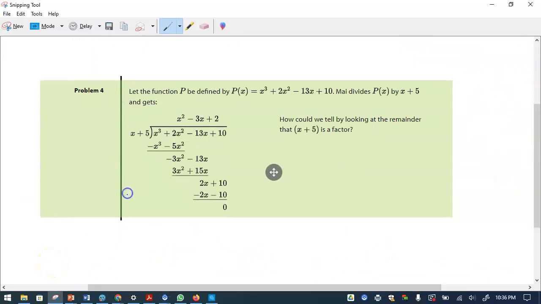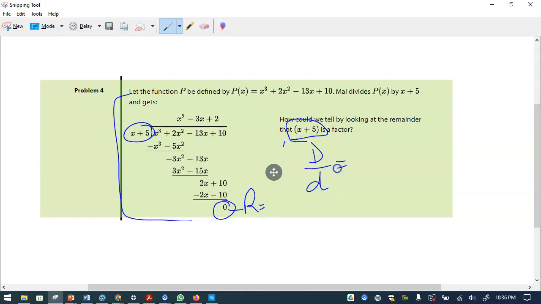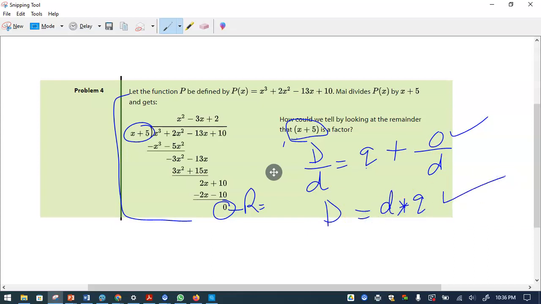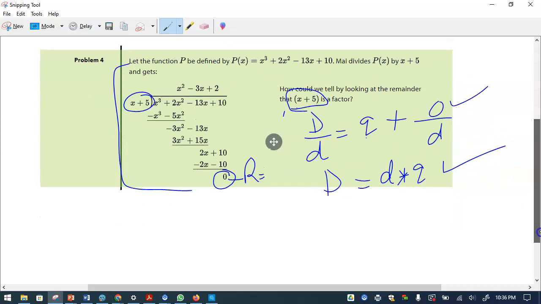By just looking at it, because the remainder is 0, that means x plus 5 is a factor. So that's all it is. When the dividend is divided by the divisor, you get a quotient and the remainder is 0. So that means the dividend is exactly the divisor times the quotient, and you're done. There's nothing much there.